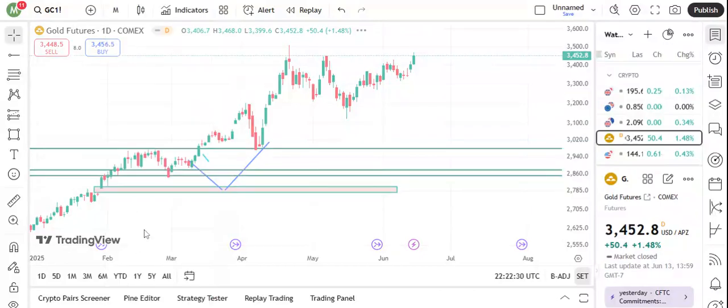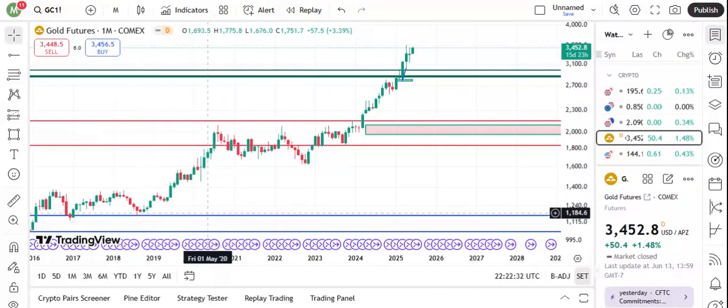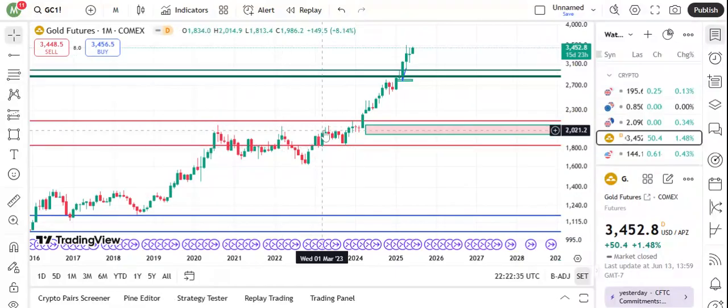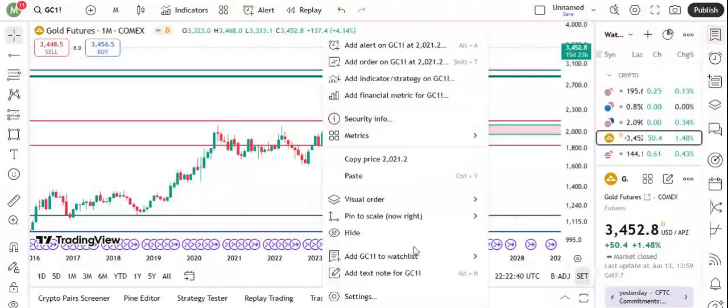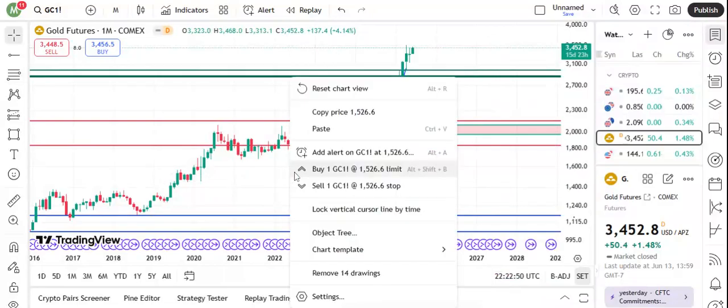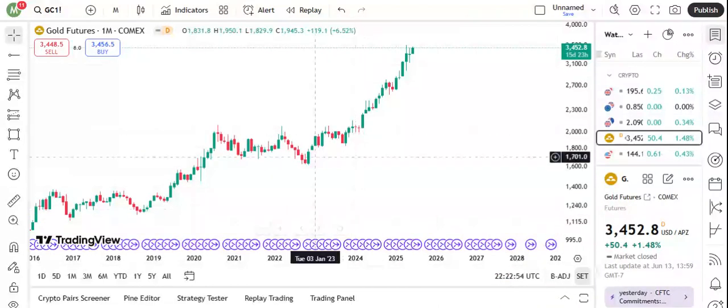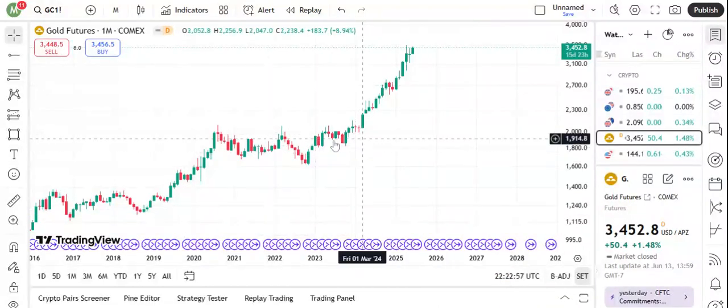You go down to the higher time frame, as much as the 1 month. You find out the key areas, right? Let me delete everything here. Let me delete everything. So this is the monthly time frame.